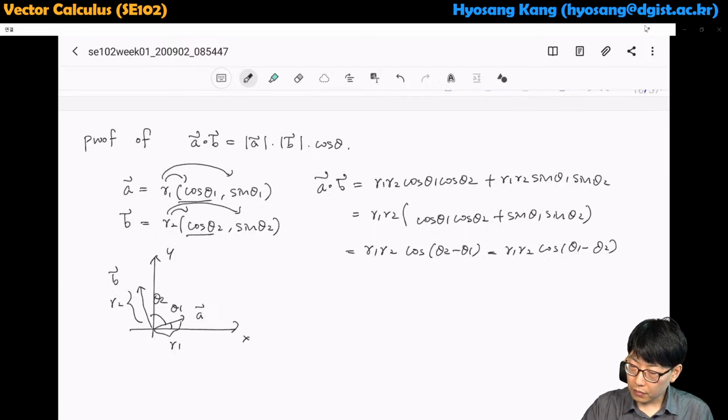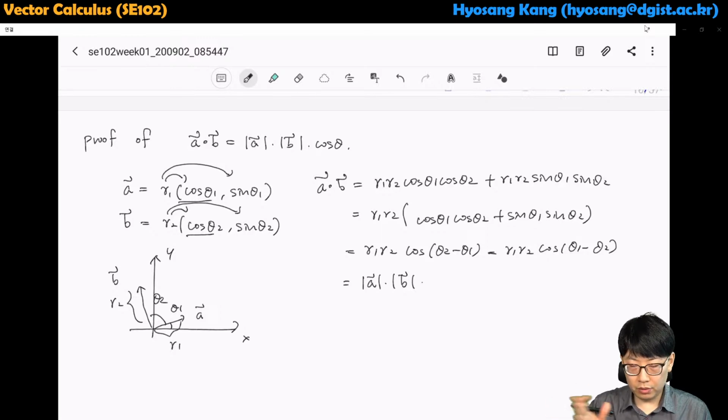Okay, r1 is the length of A, therefore this is the norm of A, and r2 is the length of B, and the difference between theta 1 and theta 2 is the angle measured from A to B or B to A. Therefore we have cosine theta. So this is the geometric meaning of the inner product.